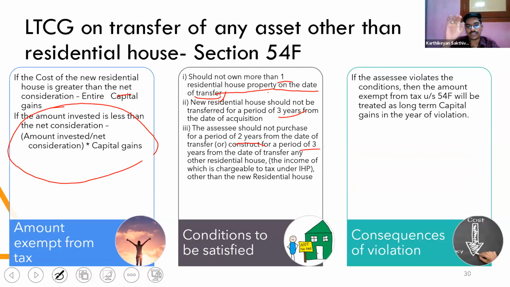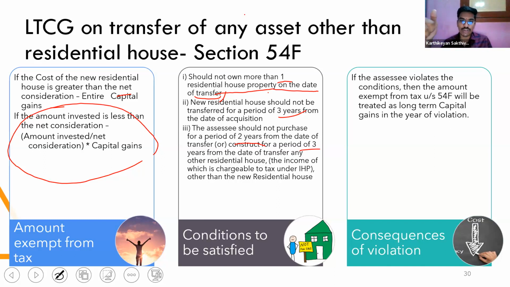So மொத்தம் 3 conditions. First condition, you should not have more than one house property on the date of transfer. Second, the new house property which you are purchasing is not to be sold for a period of 3 years. Third point is for a period of 2 years you should not purchase, and for a period of 3 years you should not construct any residential house property, right?